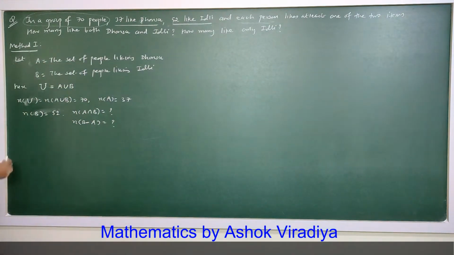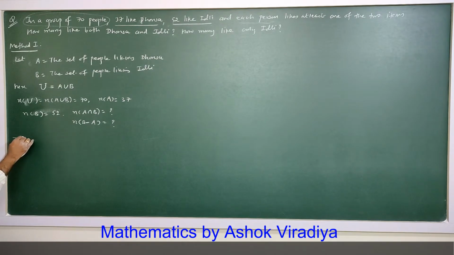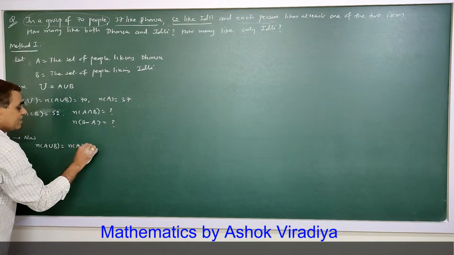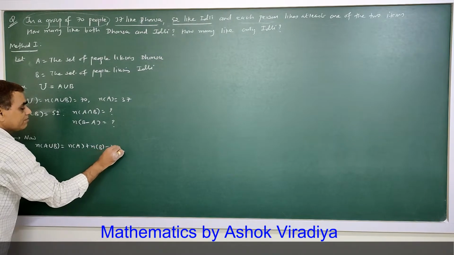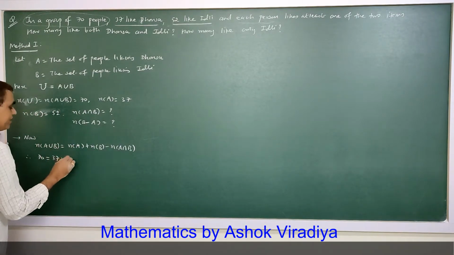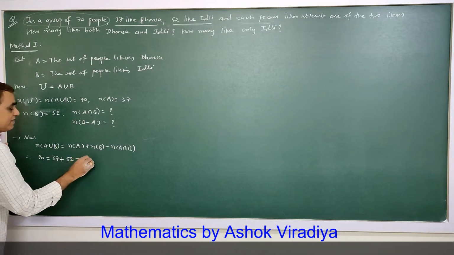First of all, to find the number of elements in A intersection B, we take the formula: number of elements in A union B is number of elements in A plus number of elements in B minus number of elements in A intersection B. Putting values, A union B has 70 elements, A contains 37 elements, B contains 52 elements, and A intersection B we want to find.